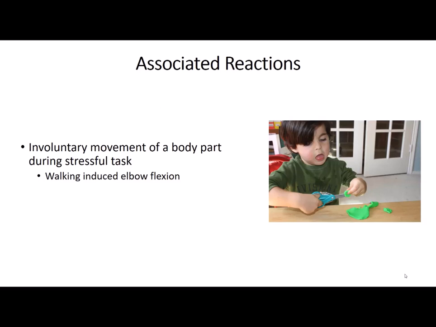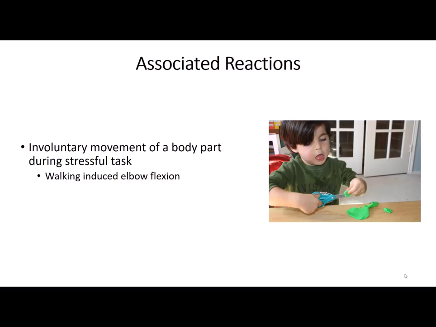What happens in a patient post-stroke or brain injury is that as they're walking, their arm is going to go into flexion. It can be a full flexion synergy pattern, or it just could be elbow flexion. Any stressful task is going to cause this elbow flexion to be seen.